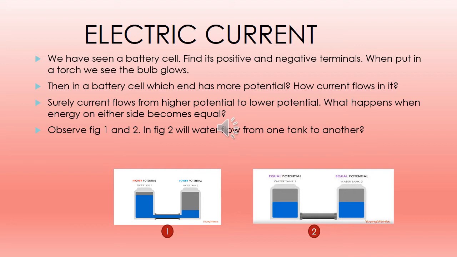The tank with more water has higher potential, the tank with less water has low potential. At the same time, depending on the height also, potential can change. This is regarding water. In a similar way, as water can flow from a region of higher potential to lower potential, electric current will flow from a region of higher potential to lower potential.